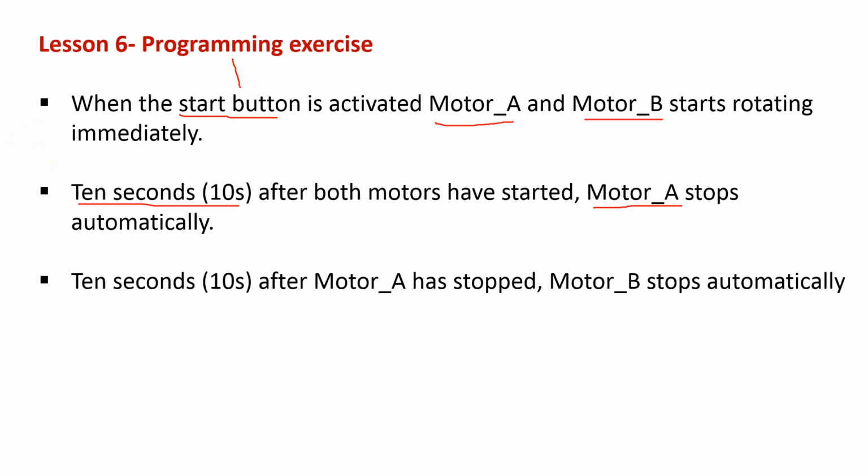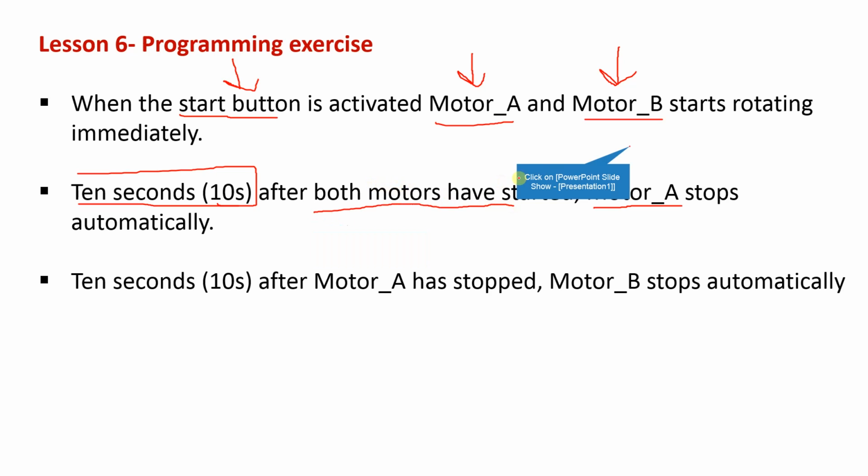When the start button is activated, motor A and motor B will start rotating. After a delay of 10 seconds after both motors have started rotating, motor A will stop rotating automatically.